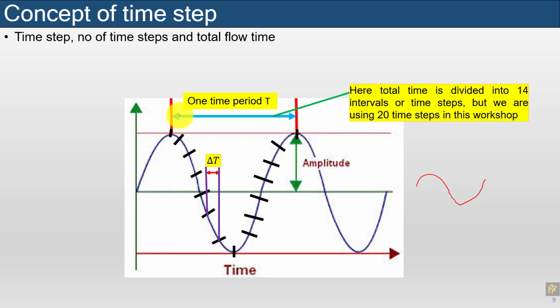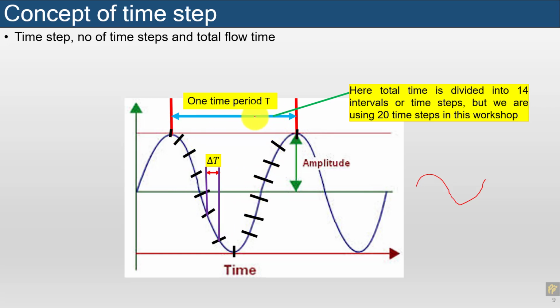This is a time period, that is the time from one position of the wave to the similar position of the wave. This is known as the time period, and the frequency is how many such peaks we can get in that particular time.